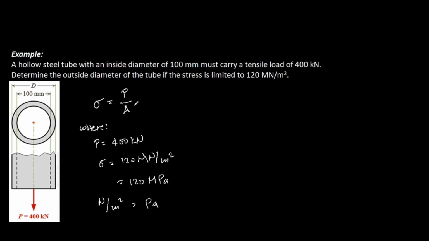Next, we will find the value for A, which is the cross-sectional area of the steel tube.